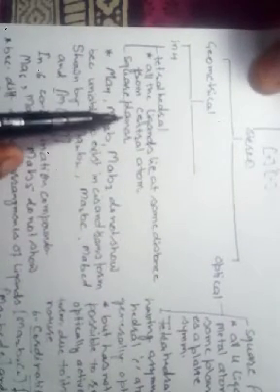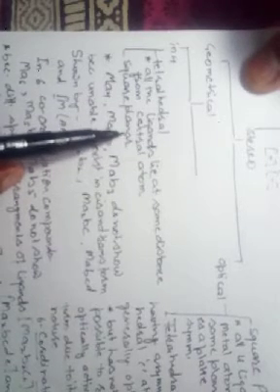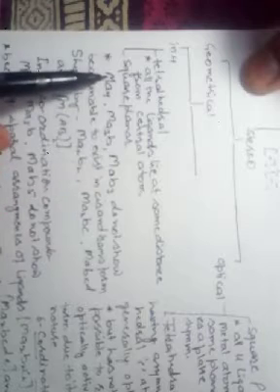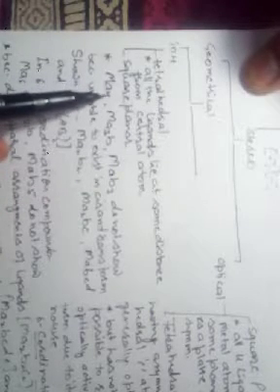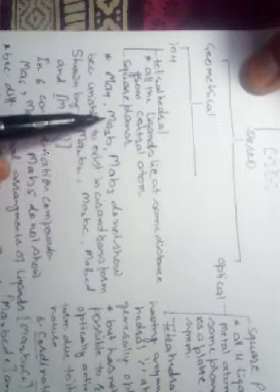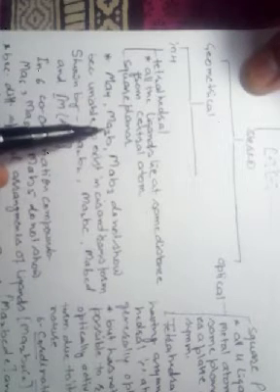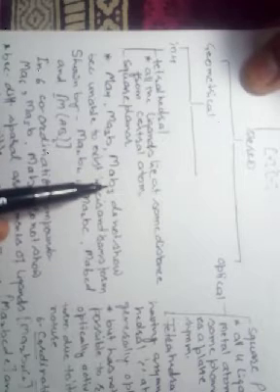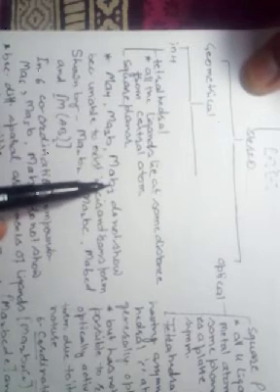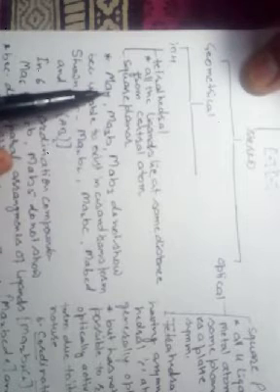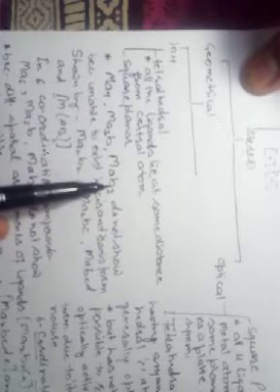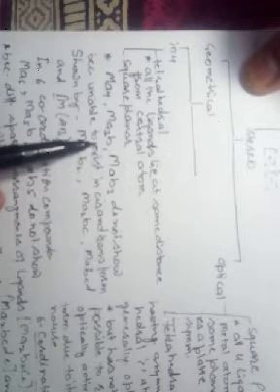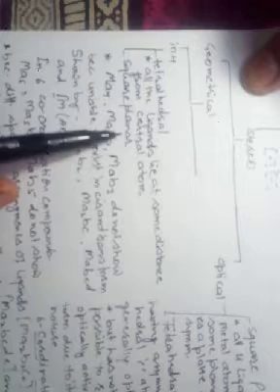Square planar compounds show geometrical isomerism, but only those with certain molecular formulas. In the first type, all ligands are of the same type. In the second type, three ligands are of the same type and one is different, and the same condition is here. Compounds which have all four or any three same ligands will not show geometrical isomerism in square planar compounds.